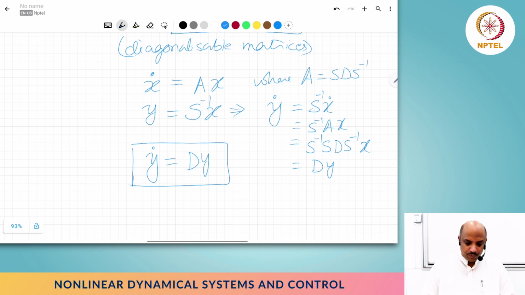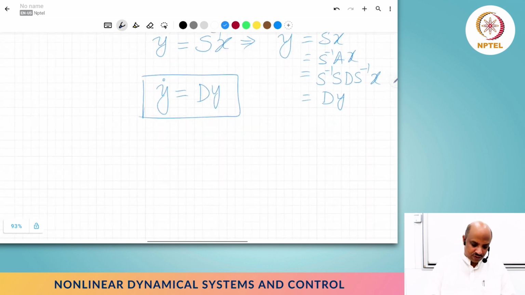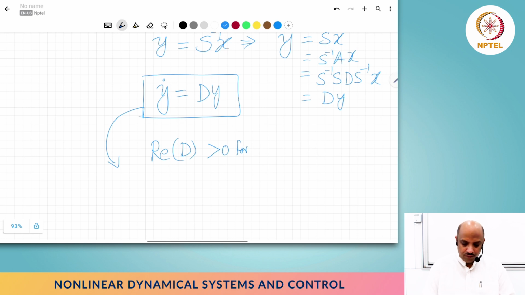The nice thing about this system is we can say something like this: if the real part of D_i is greater than 0 for any i, then we have instability. And if the real part of D_i is strictly less than 0 for all i, then we get asymptotic stability.